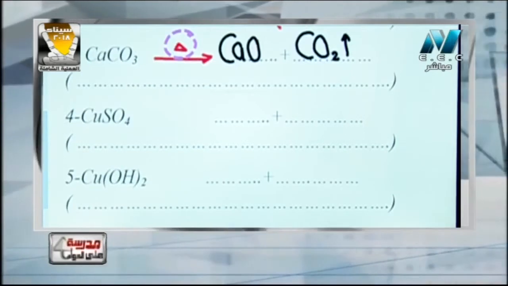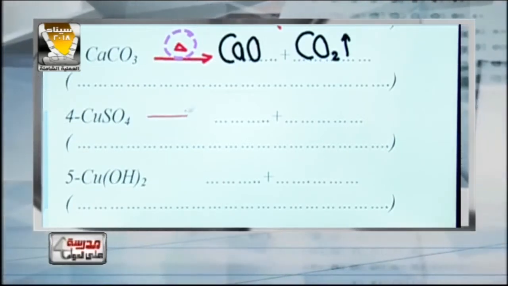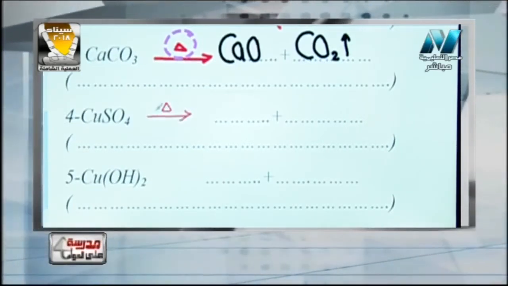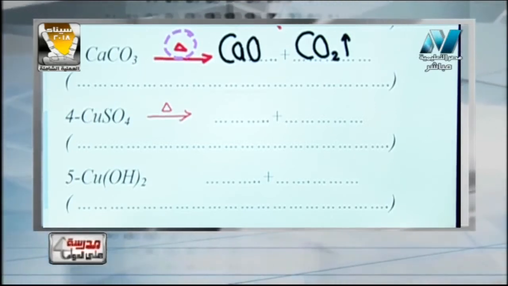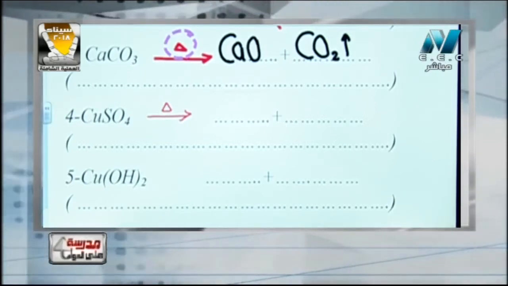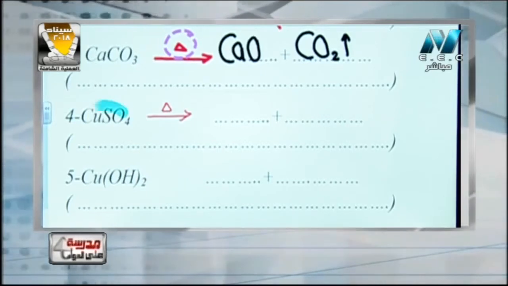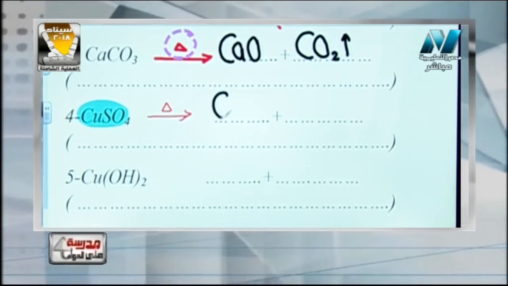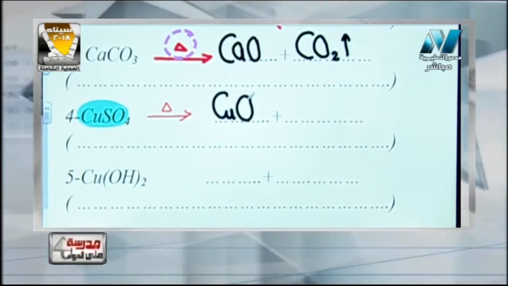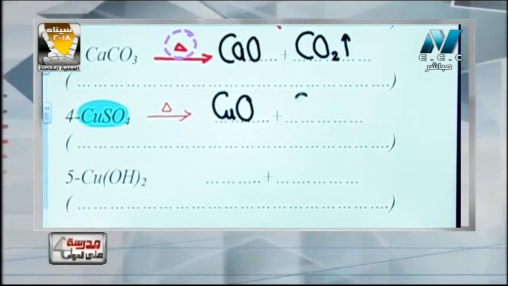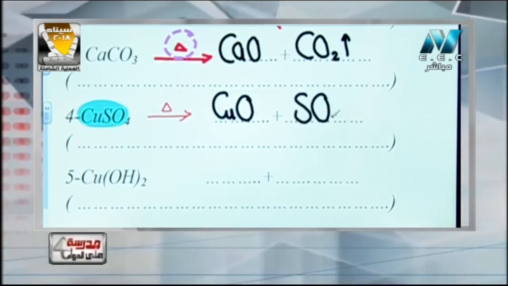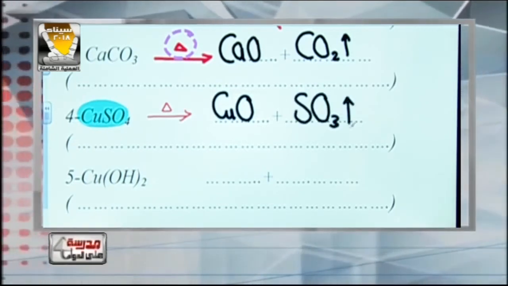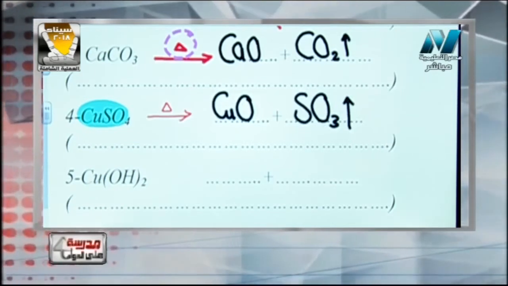Next one is copper sulfate. Copper sulfate by heating. We know the color of copper sulfate is blue. The copper will take only one oxygen atom as CuO, copper oxide, which has black color, and at the same time SO3 as sulfur trioxide gas evolves.